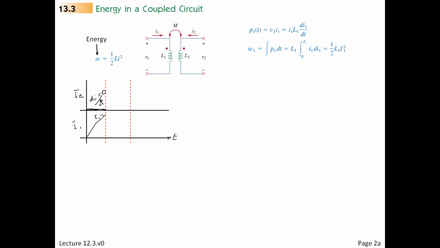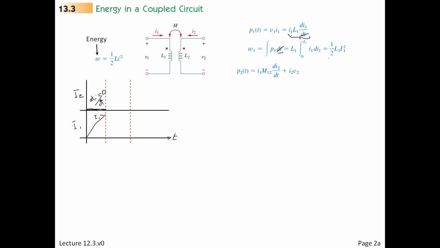All right, because we took the power here, what did we do? We took this expression, multiplied it by dt, so the dt is gone, right? And then integrate, so we're left to integrate over i, not over time. We've seen all this before, and we end up with this, 1/2 Li squared.